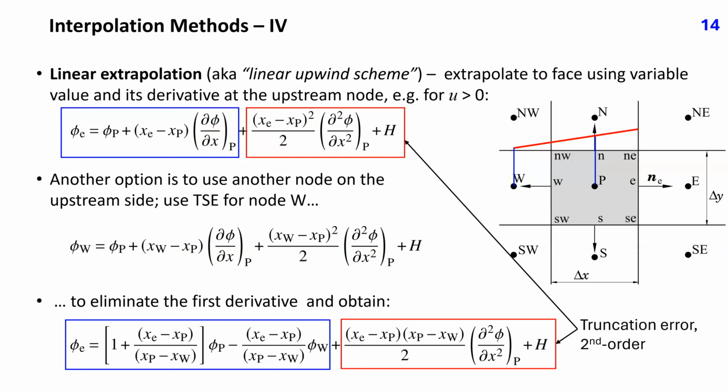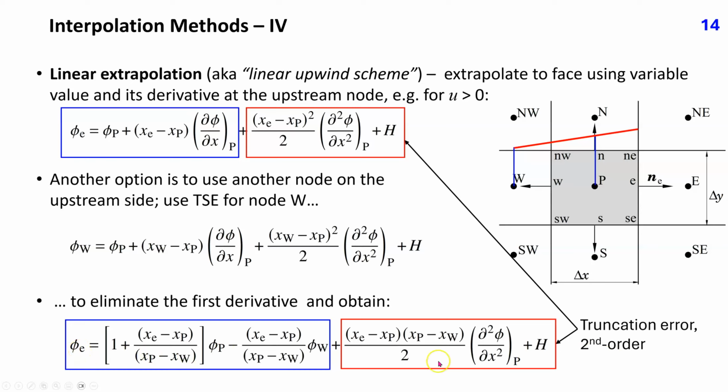By using Taylor's series expansion around P to express the variable value at the west neighbor cell center W, to eliminate the first derivative in the above expression, we obtain the following expression for phi E. The blue framed part is the linear extrapolation from W and P to face center E, which is used as an approximation for phi E, often called linear upwind scheme.